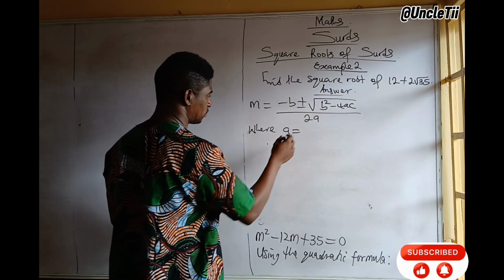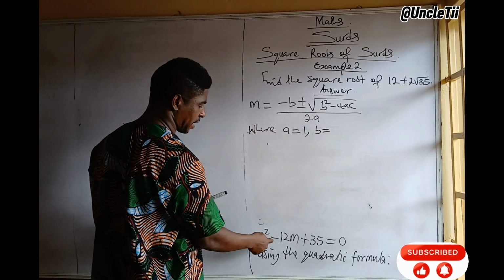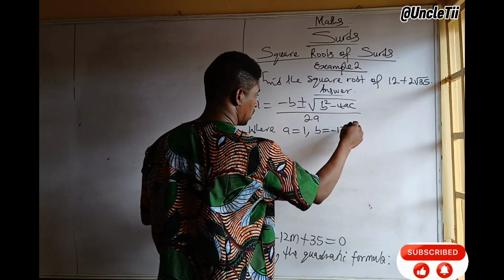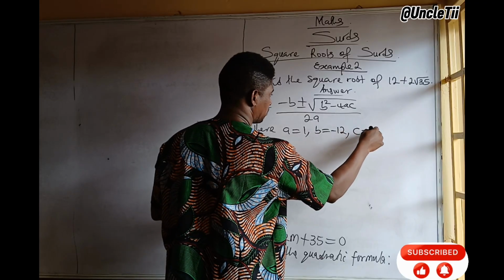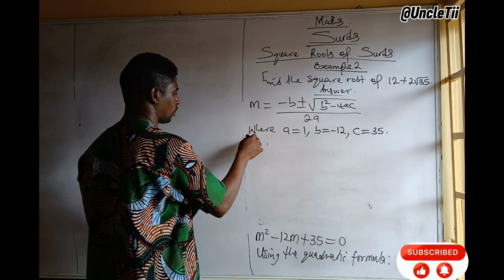Here it is 1. B is the coefficient of m. Here it is minus 12. C is the constant term. It is 35 in that quadratic equation.